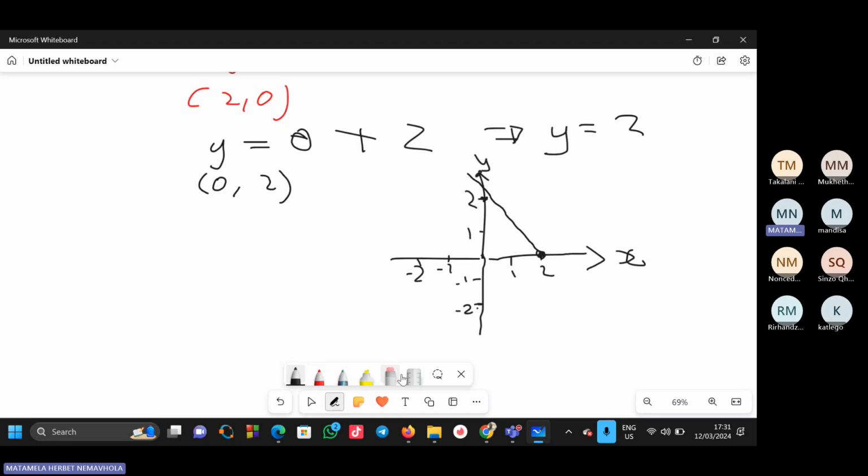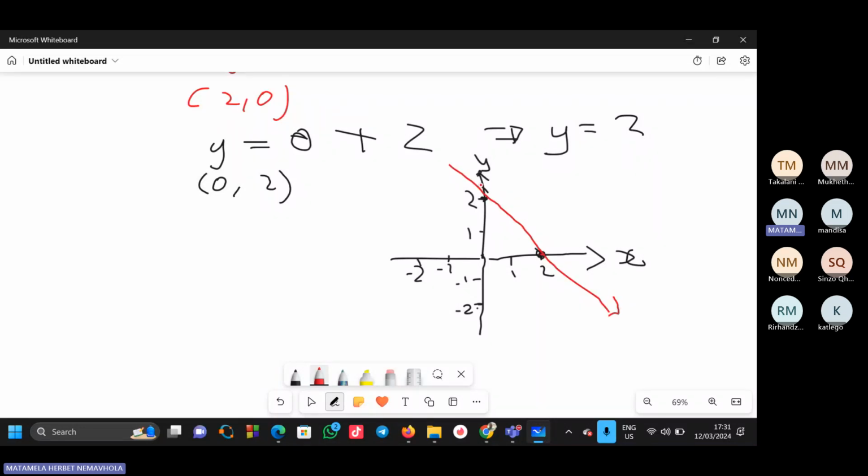I didn't join them properly, so let me use a different color. I will join these points like that. Let's assume it's a straight line.